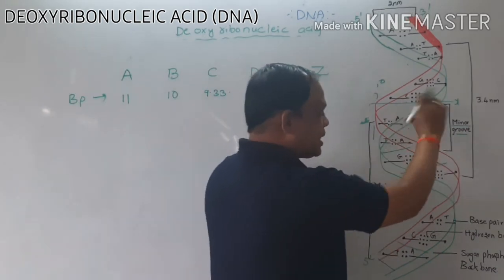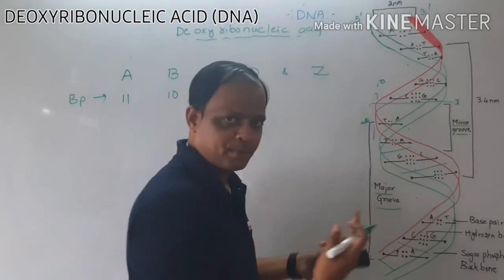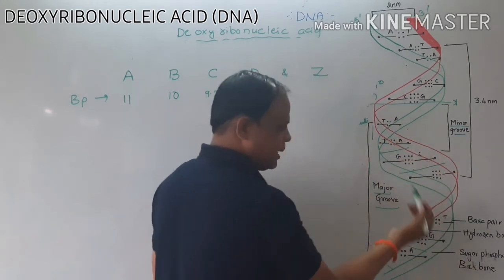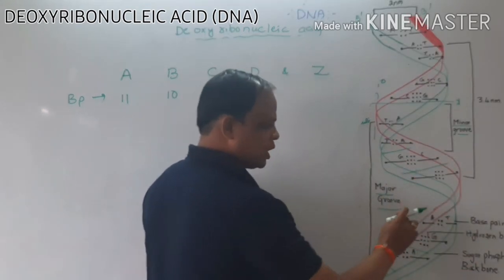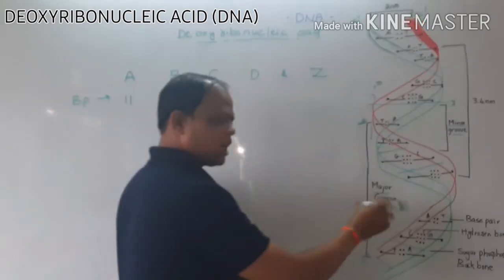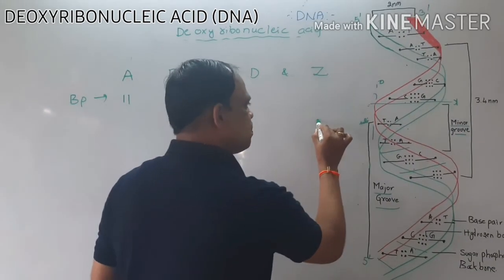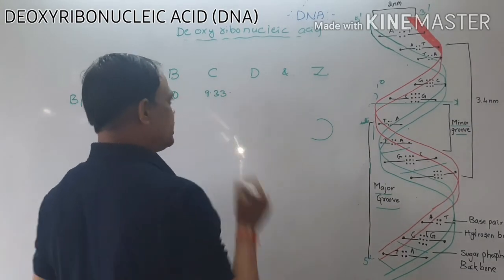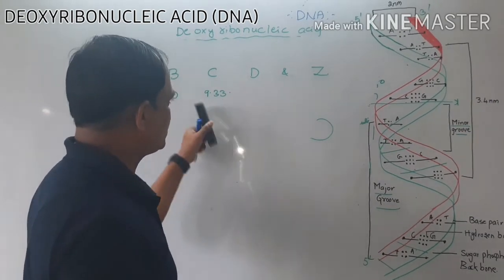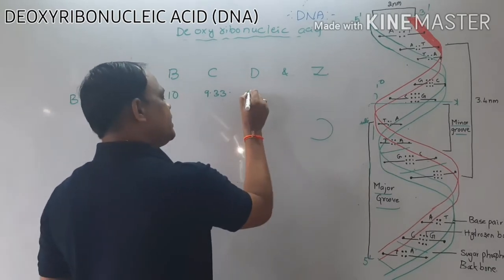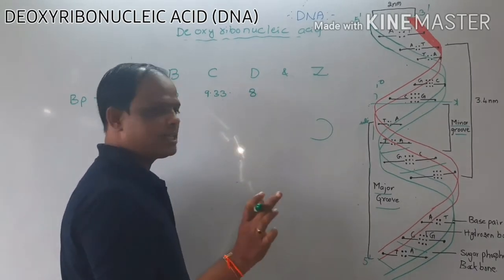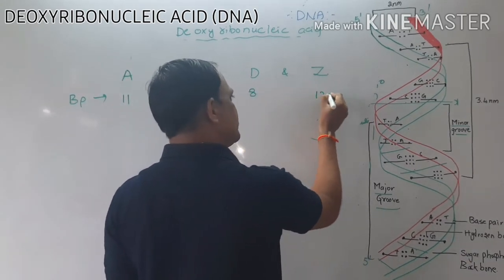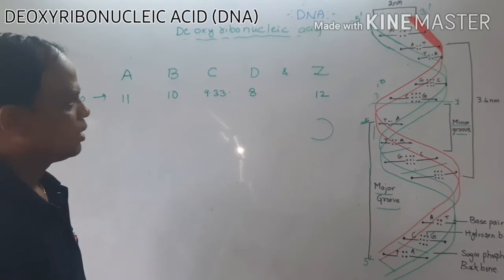For example, in one curve-like structure, one spiral shape, between the major grooves one nucleotide moves approximately 9.33 base pairs in C DNA. D DNA has 8, and Z DNA has 12 nucleotides in one helix.